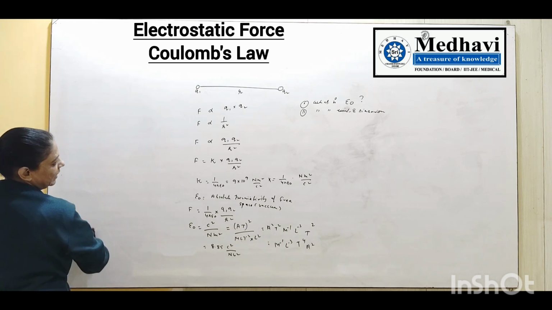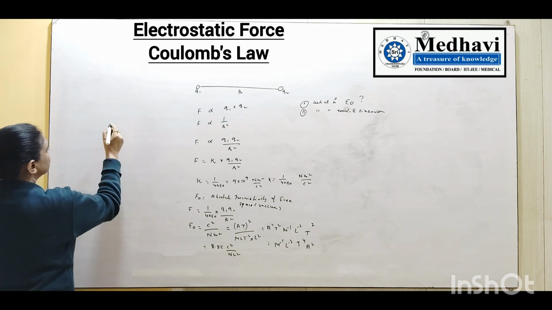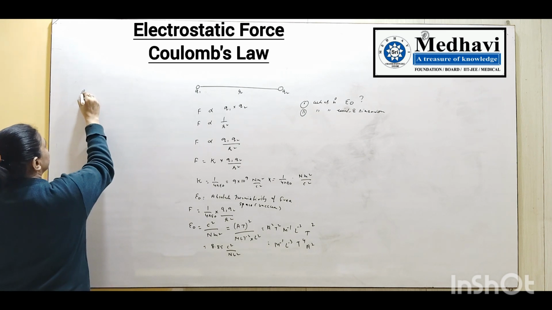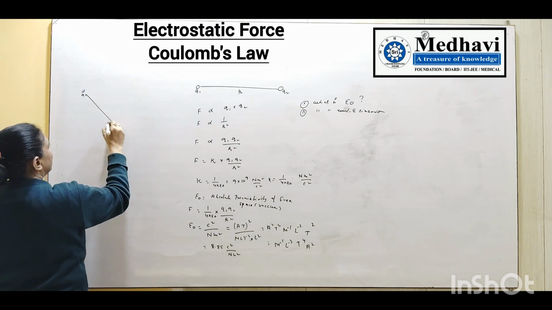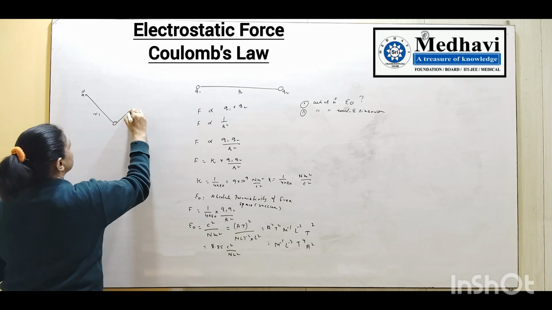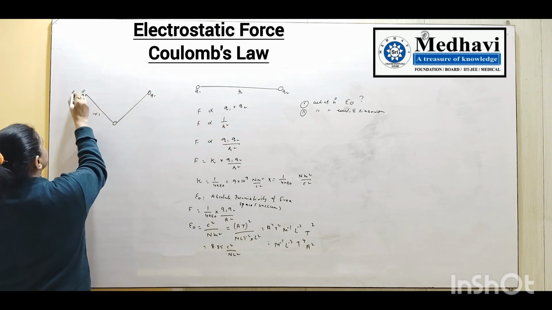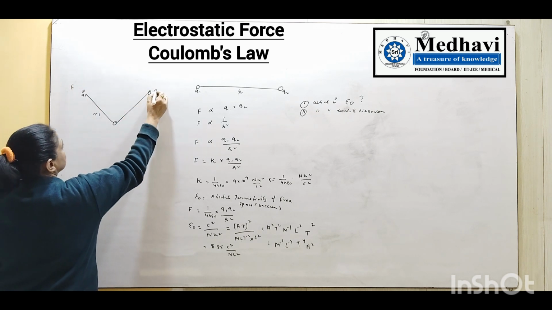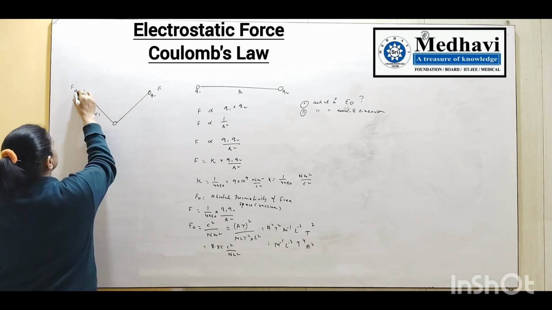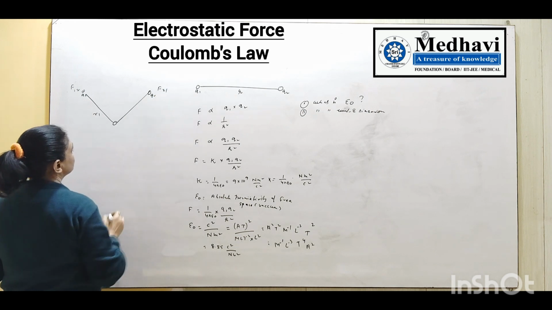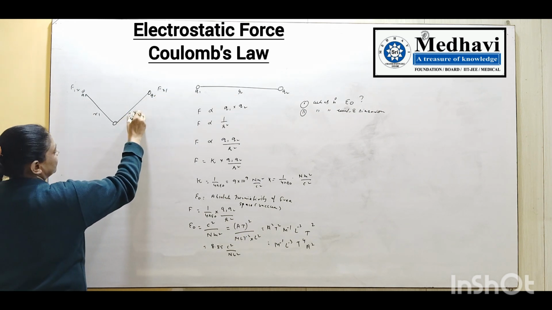So here, suppose this is the origin, here is the Q1 charge, this is at position R1, and this is the Q2 charge. Here is the force, first on the second body, second on the first body. This is R2.